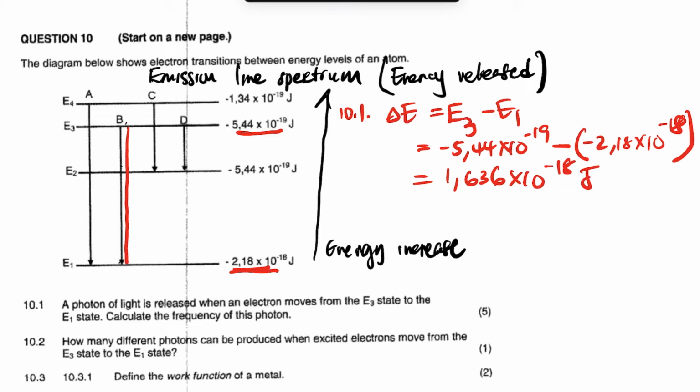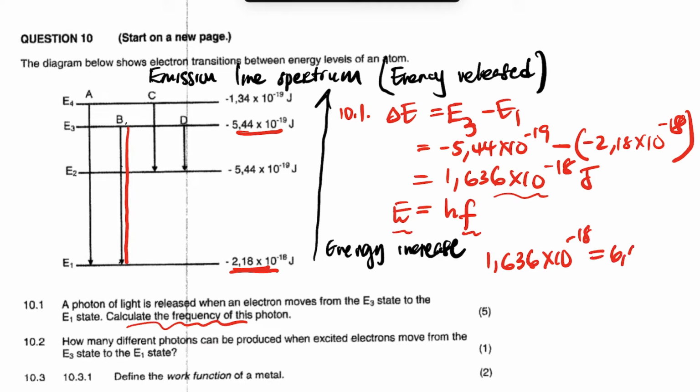It's in joules. So now, in order to calculate the frequency, we're going to use the formula that says E is equal to Planck's constant times frequency. We want the frequency, so we substitute the energy there. So it's going to be 1,636 times 10 to the power negative 18, equals Planck's constant, 6.63 times 10 to the power negative 34, times the frequency.